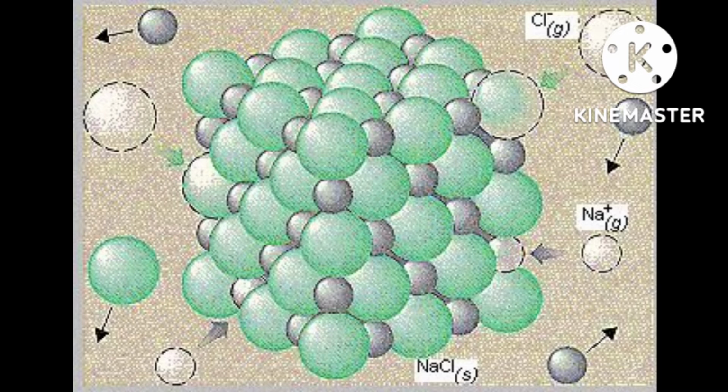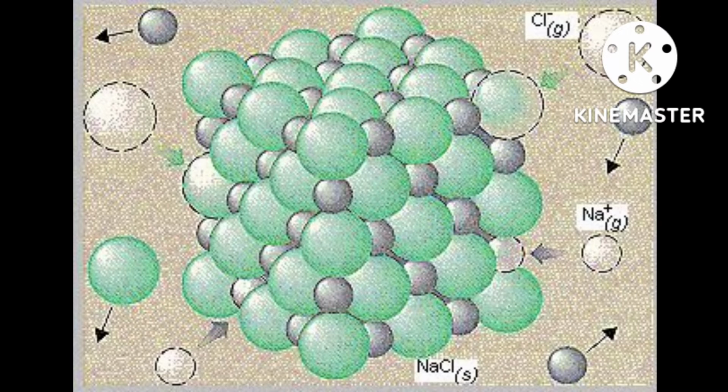To bring it to vapor form you have to heat it. If you heat it, this NaCl will convert to Na plus and Cl minus in the gaseous state, from the solid state to the gaseous state.